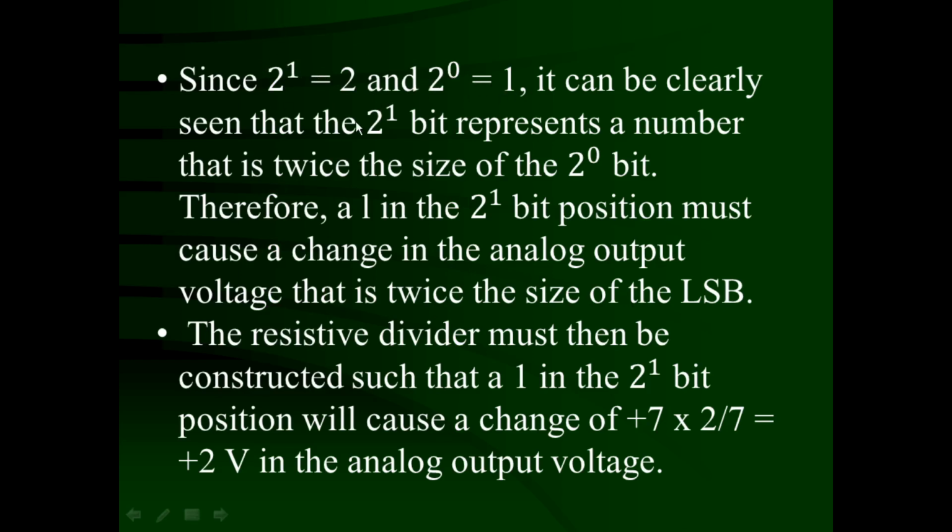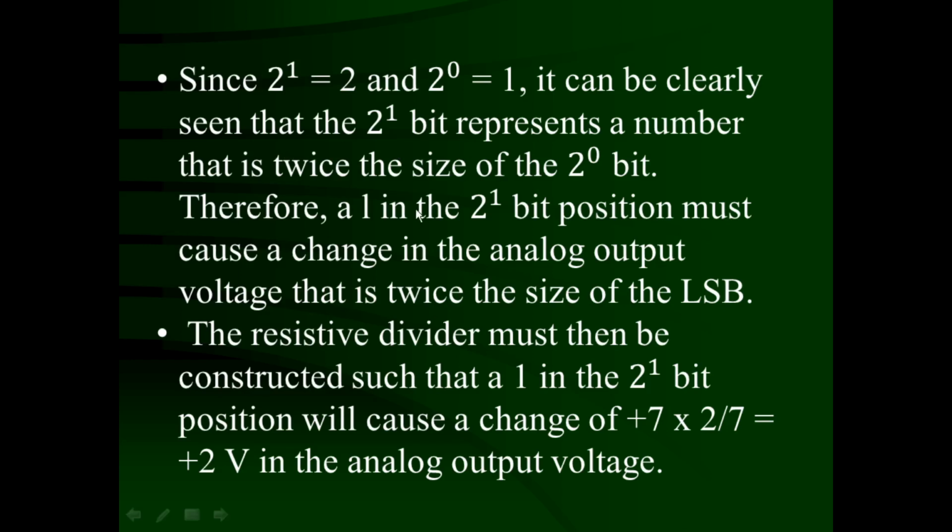It can be clearly seen that the 2 raised to 1 bit represents a number that is twice the size of the 2 raised to 0 bit. So, the position weight of 2 raised to 1 is equal to 2, and hence that position weight is 2 times the position weight of 2 raised to 0, that is 1. So, we can say that the voltage level for 2 raised to 1 should be 2 times the voltage level given by 2 raised to 0.